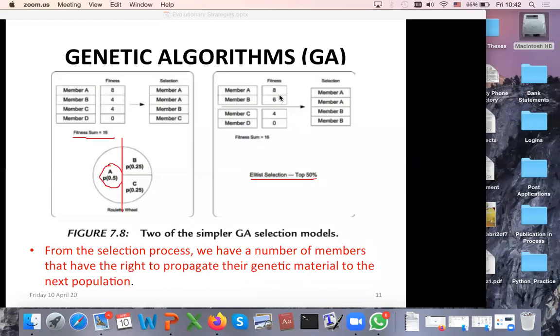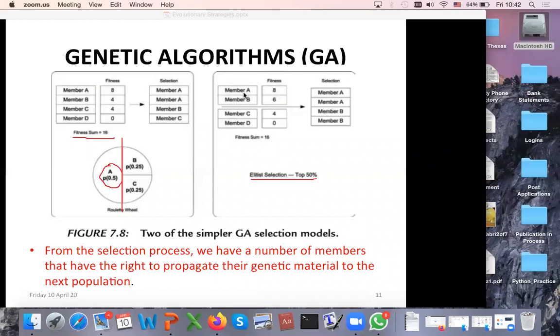Now you have A and B because your population contains 4 members, so 50% of this population is 2 members. That's why you have A and B here. Now the answer for the student asking why member A is 2 times and member B is 2 times, even though the values are 8 and 6: the elitist selection method ends here.